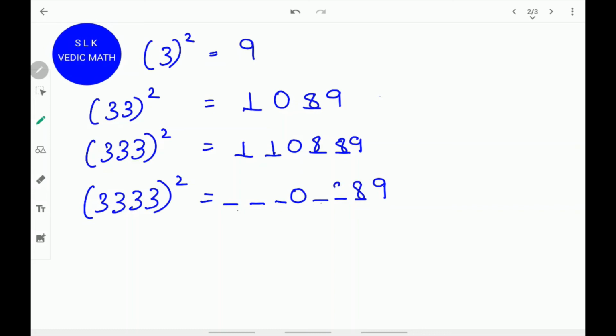Write 8 3 times. 1 more than 0 is 1. Write 1 3 times. So 3333 square is 11108889.